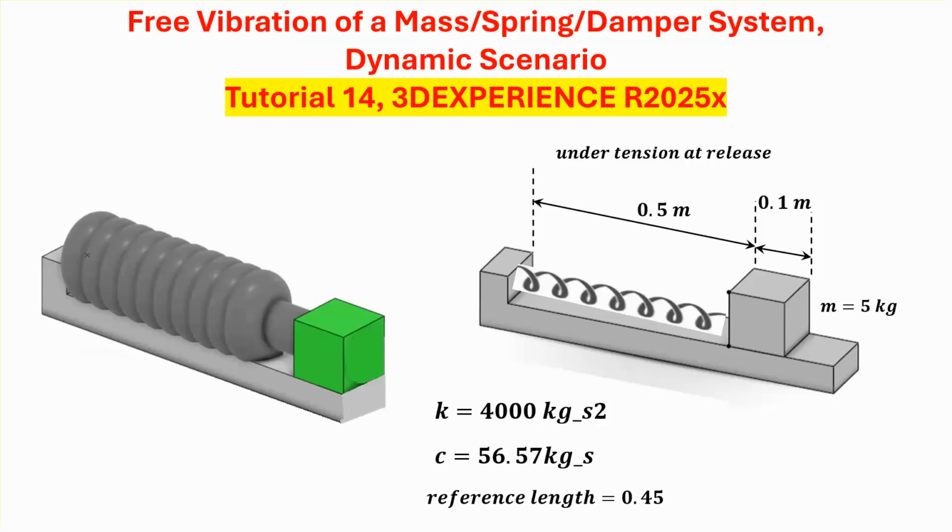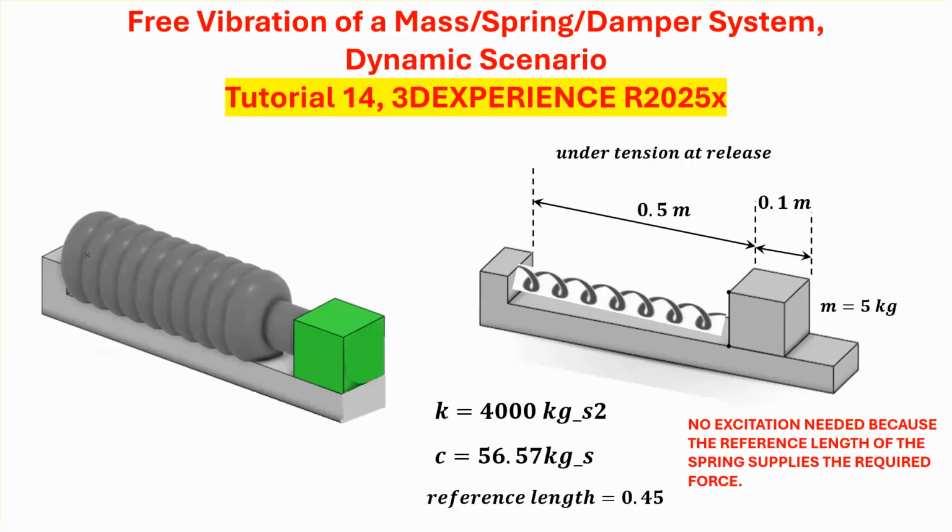Now I don't need to specify an excitation in this problem, because that initial displacement, which is buried in that reference length indicator, tells you the force of the spring is going to supply the motion. By the way, I'm assuming this is a cube of size 0.1 by 0.1 by 0.1.